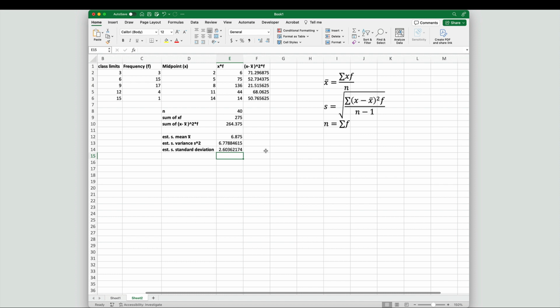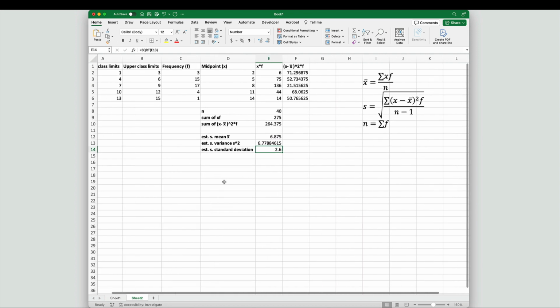It's just the square root of the variance. You can do those calculations all at once. We were asked to round the standard deviation to 1 decimal place, so we get 2.6. And that's how you estimate a sample mean, variance and standard deviation when you're given a frequency table or a histogram.